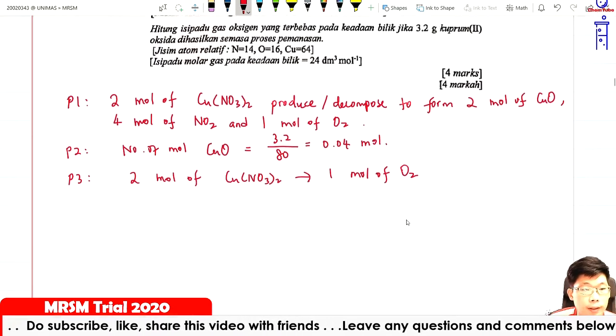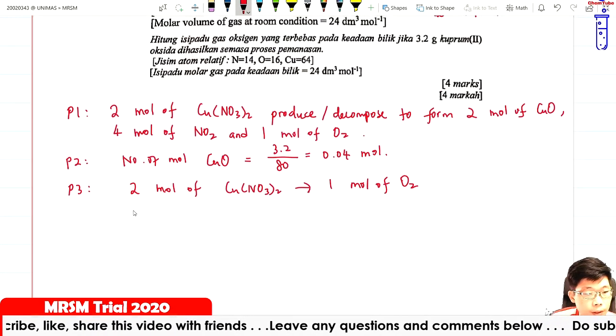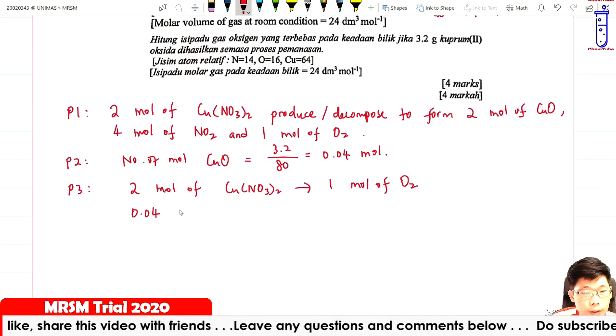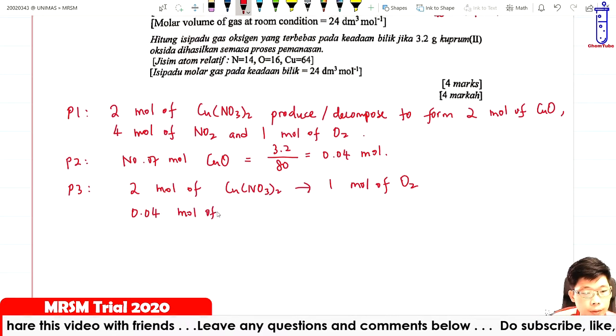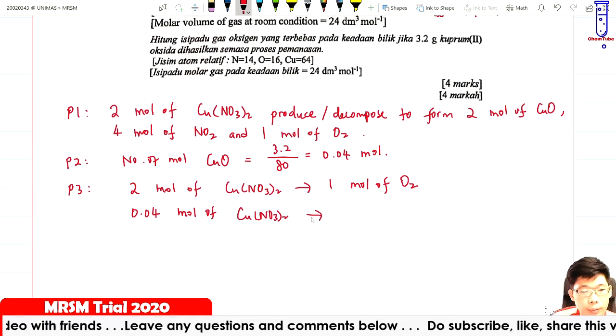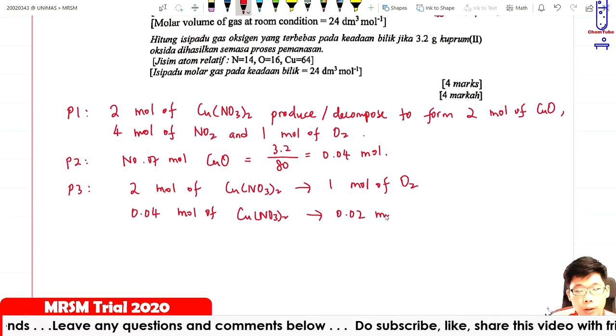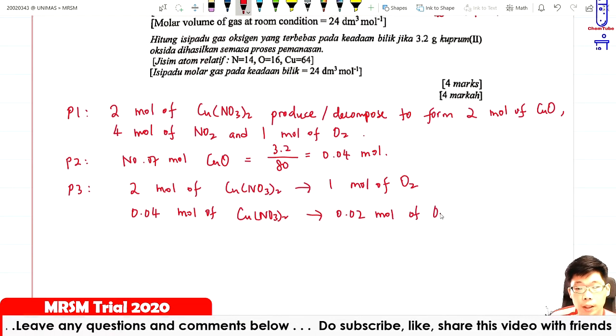So here if 0.04 mole of copper 2 nitrate, you produce half, so meaning 0.02 mole of oxygen.